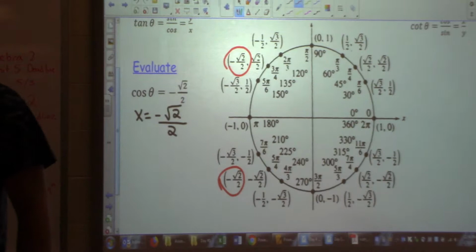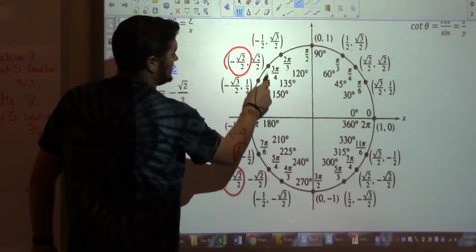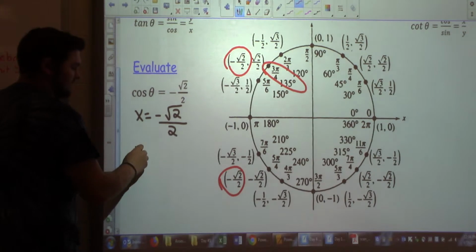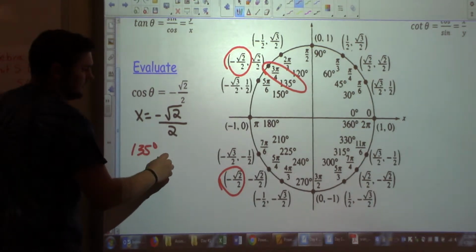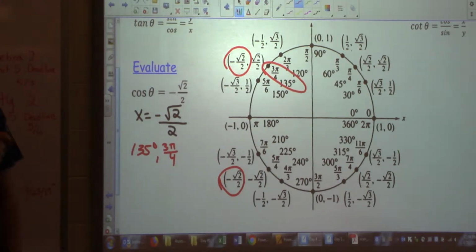For all these problems, we should be getting two answers. You should be finding two different spots where that is true. The first spot we found was 135 degrees, comma 3 pi over 4. You need to write both the degree measure and the radian measure.